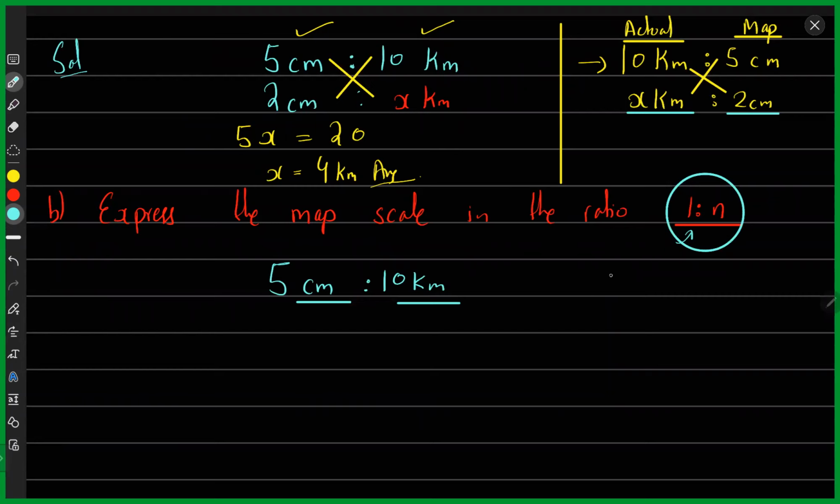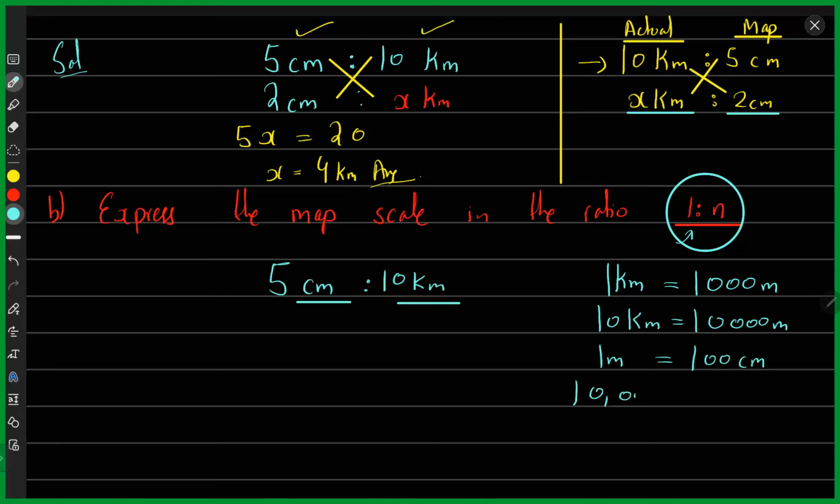Now I know 1 kilometer is equal to 1000 meters. So 10 kilometers would be equal to 10,000 meters. And 1 meter is equal to 100 centimeters.